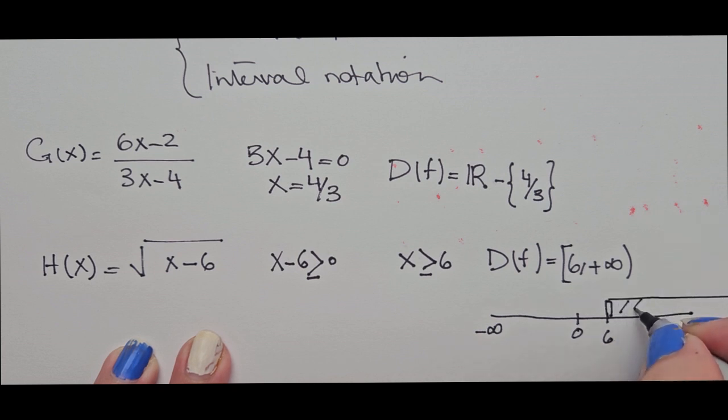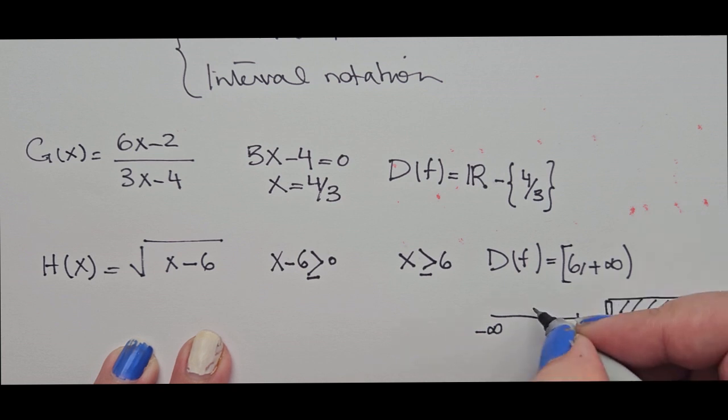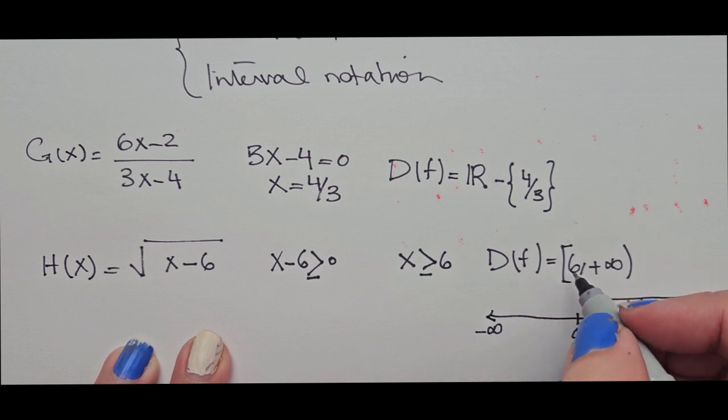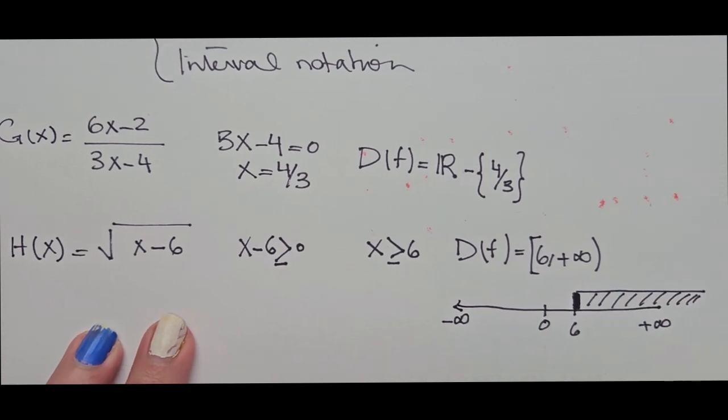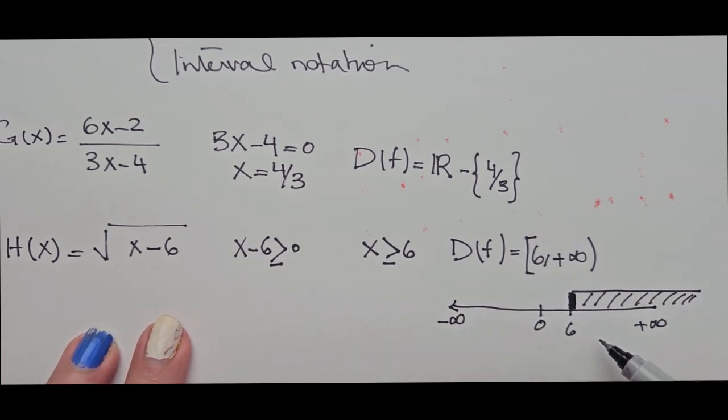So these are all the acceptable values, and is 6 included or not? It is, so you also highlight the circle. So all the values from 6 all the way to plus infinity are permissible values.